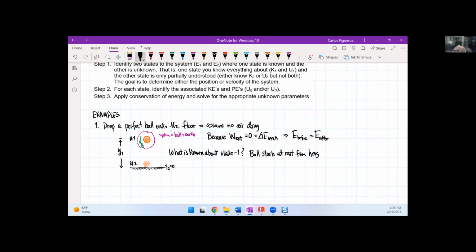from height y1. So when I look at the total energy of the system, I could then say that the total energy of the system is then going to be K1 plus UG1. But if it's starting from rest, we immediately know that that guy is 0 because it's starting from rest.